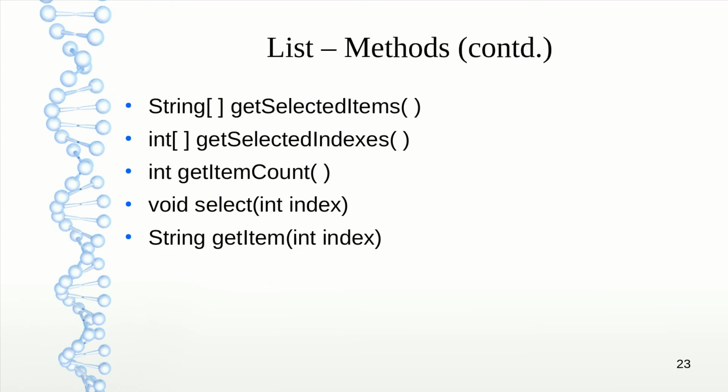Then we have getItemCount, which retrieves the number of items in the list. We have the method select, which selects the item at a particular index, and we have getItem, which retrieves the item at a particular index.